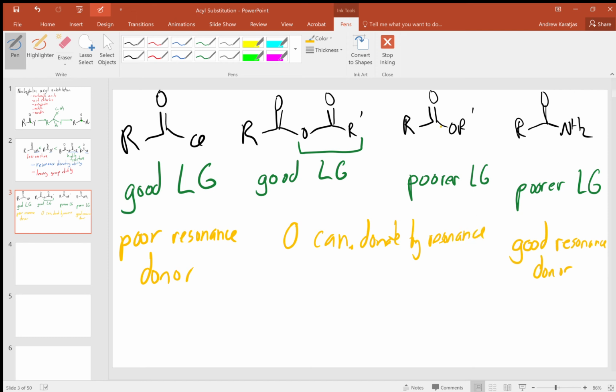But in the ester, that oxygen is donating into one carbonyl. In the anhydride, it's adjacent to 2 carbonyls, and so the electrons on that oxygen are being pulled in both directions. And so because of that, it can't donate as much.